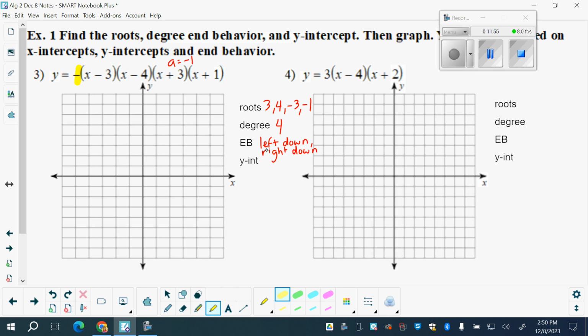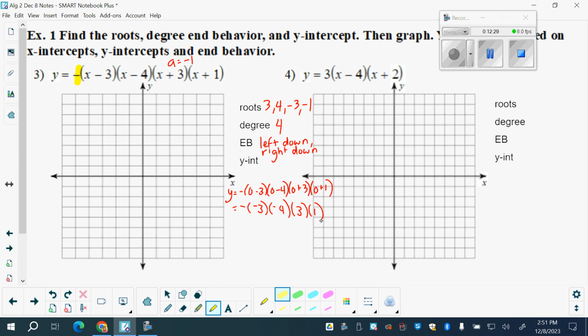Okay, now we need to compute the y-intercept. I put 0 in for all my x's. And so what do I get for my y-intercept?